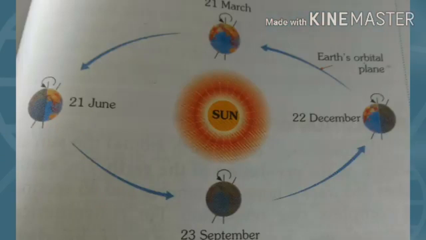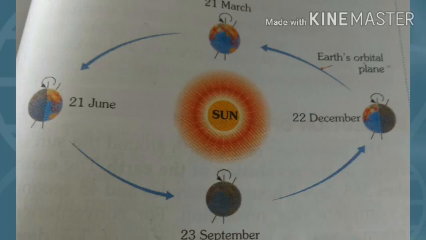Clear? The balance of 5 hours 48 minutes and 45 seconds is almost 6 hours, isn't it? It is just adjusted. How is it adjusted? The balance of 6 hours becomes 24 hours or 1 day, isn't it children? On every 4th year, 6 hours times 4 is equal to 24 hours.